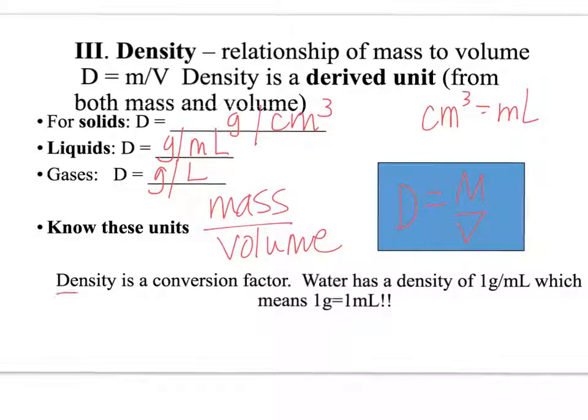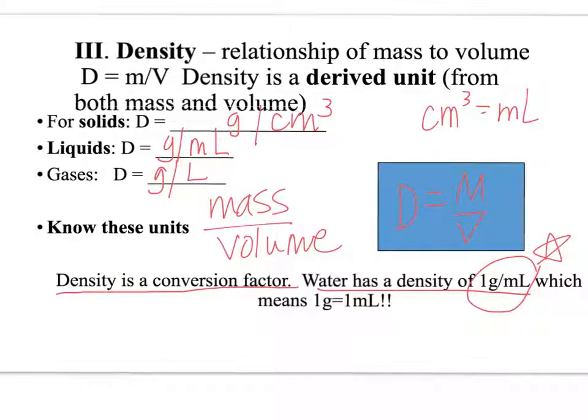Also, the other thing that we will be using is density as a conversion factor, meaning we can use it either 1 gram is equal to 1 mL or vice versa. So water has a density of 1 gram per milliliter. You need to know this. We will use this throughout the year, which means that 1 gram of water is equal to 1 milliliter.